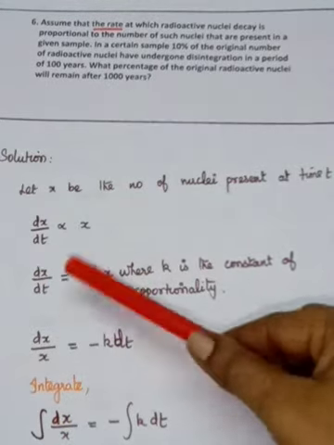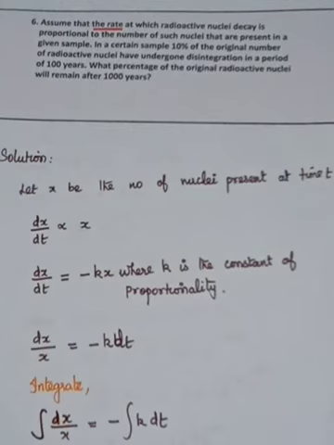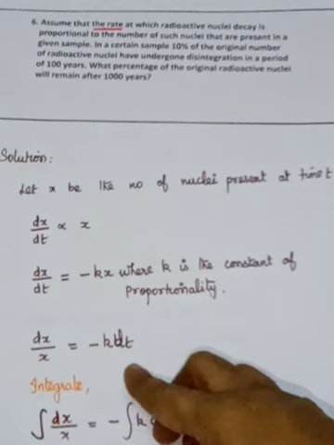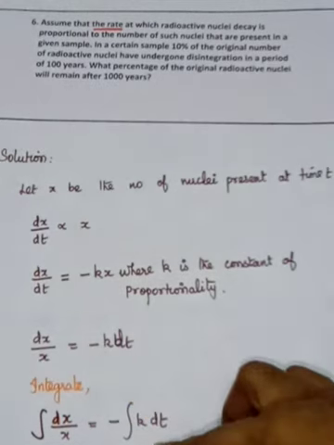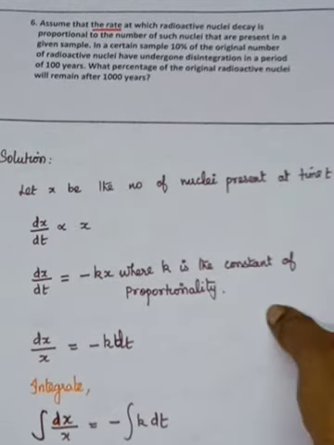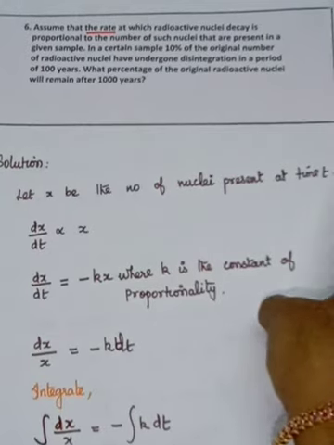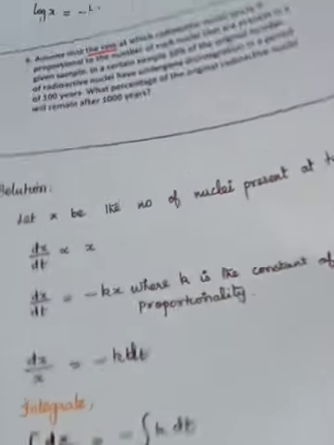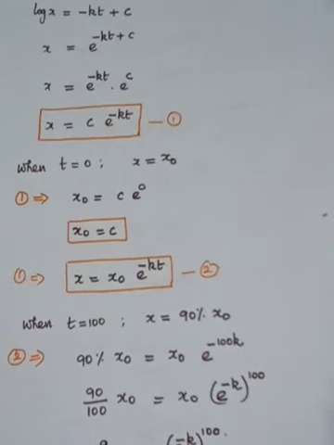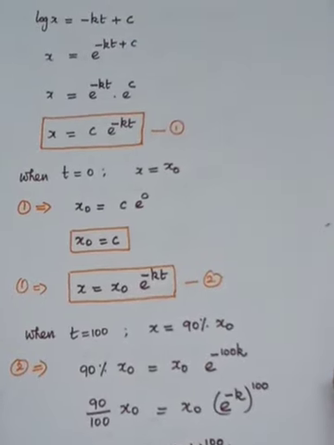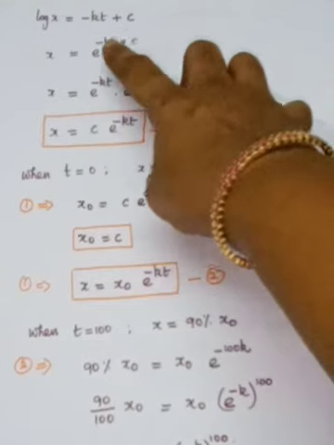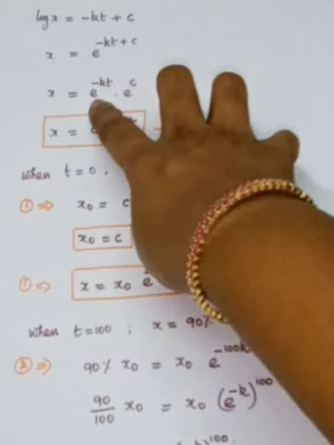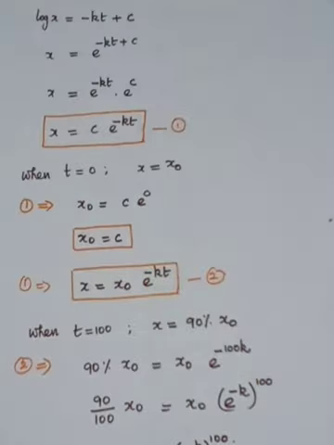Okay, so we formed the differential equation and now you have to solve it, the second step. You have to separate the variables and integrate. So here, the same thing: integral dx by x is log x is equal to minus kt plus c. So x is equal to e power minus kt plus c. If you split it as multiplication, e power minus kt into e power c. e power c is a constant, so it can be taken as c.